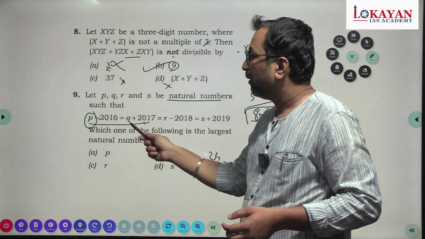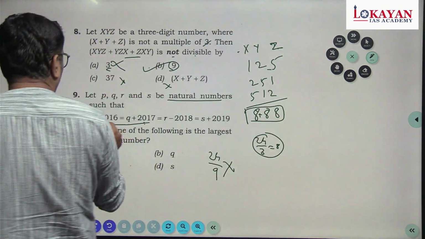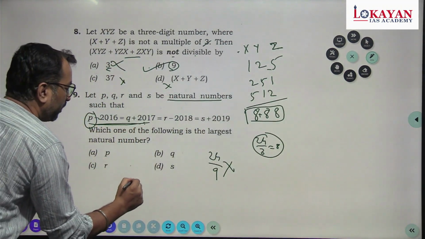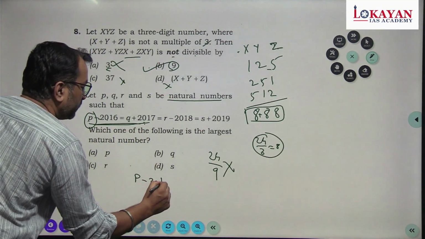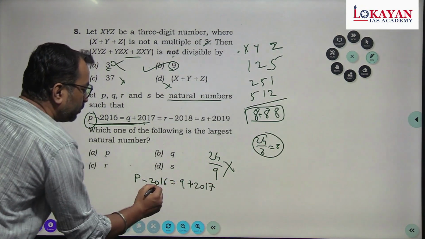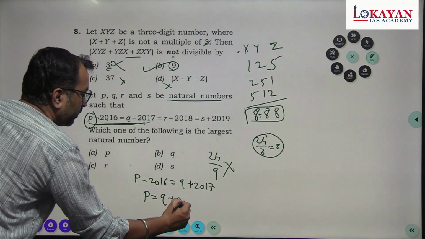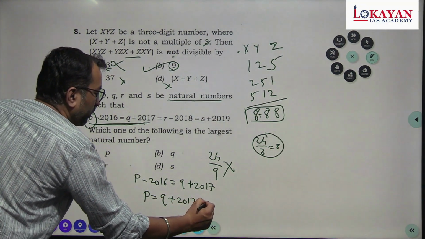So P is way bigger than Q, because if I take only these two expressions, it became P minus 2016 is equal to Q plus 2017. So this 2016 is going to be on the right side and it is going to be plus.